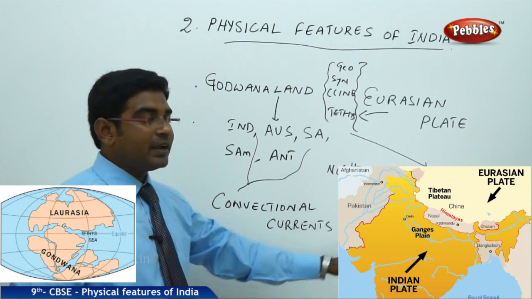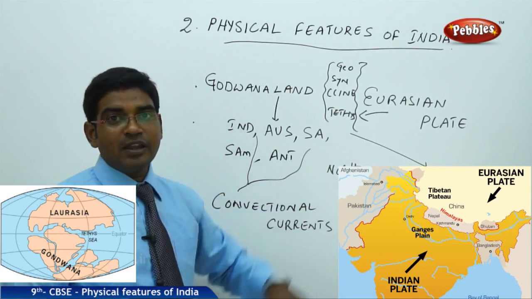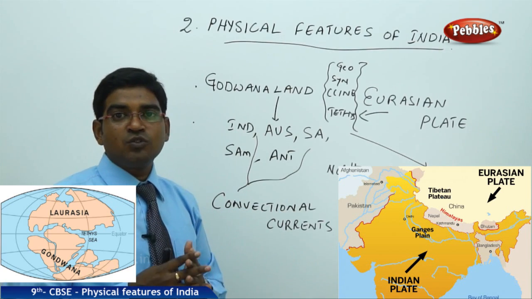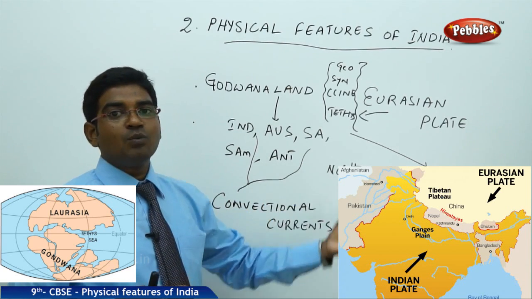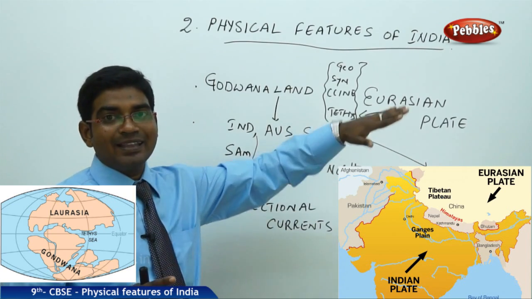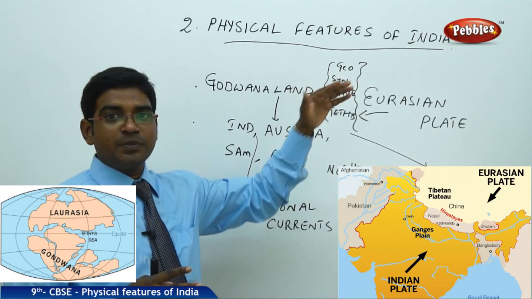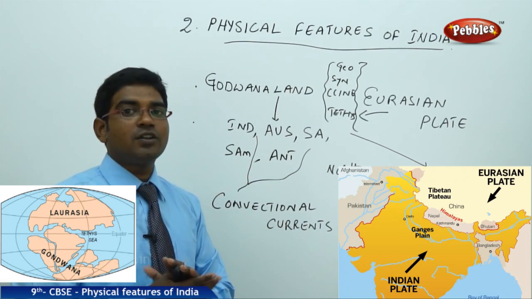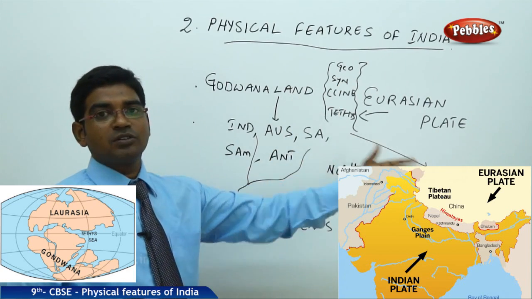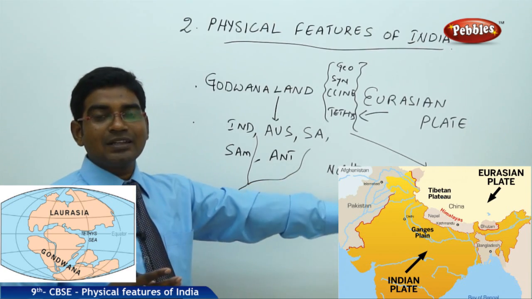This large basin was filled with the deposits brought by the rivers which originated from the Himalayan region, and it got filled with fertile soil brought by the soil erosion process of these rivers. That resulted in the formation of the northern plains.